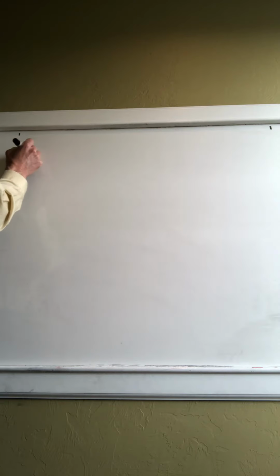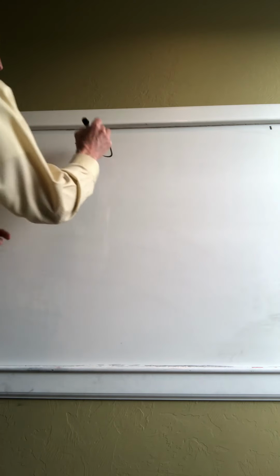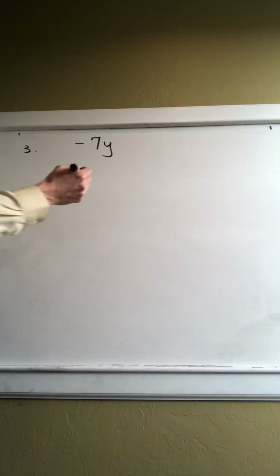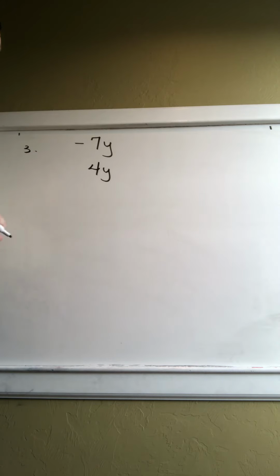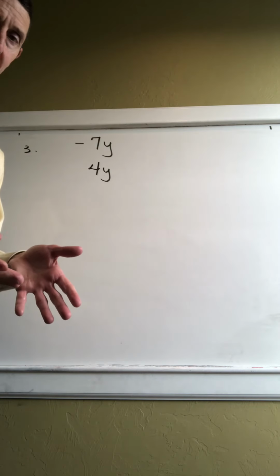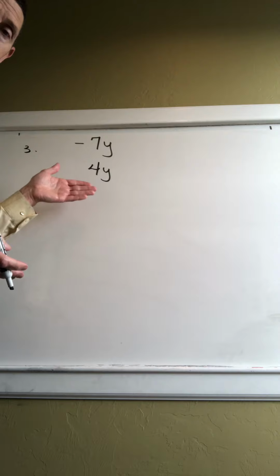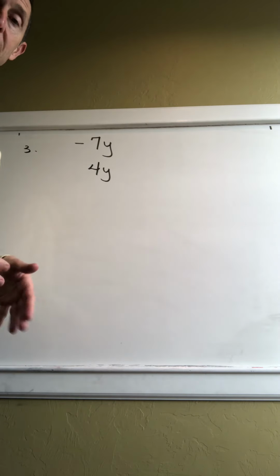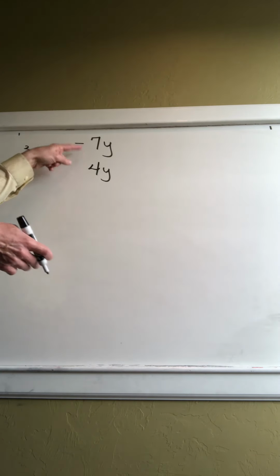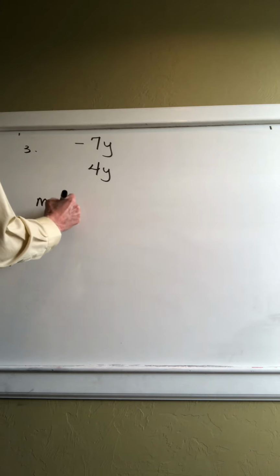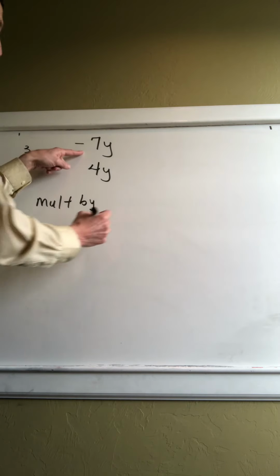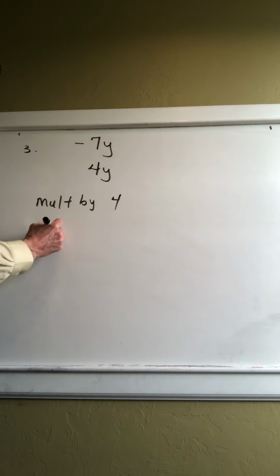Okay, let's say you had a negative 7y, and down below it maybe something like 4y, and you want these to eliminate. Not the same number, but 7 times 4 is 28. You can make them both 28s. So to accomplish that, we can take the top equation and multiply it by 4.